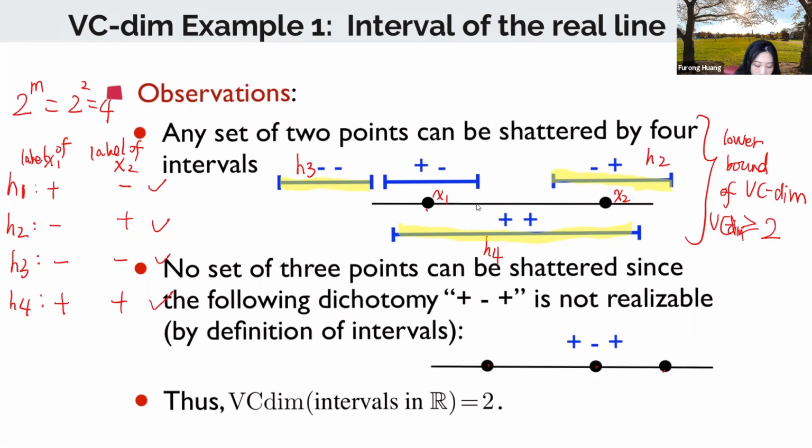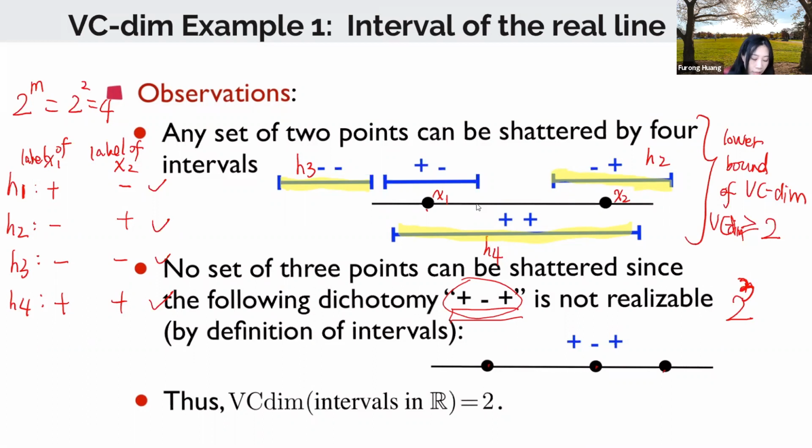One way of doing that, of course, is plus minus plus, just one out of the 2 to the power 3 ways of labeling these 3 points. And you know that no interval of the line could really realize such a dichotomy, plus minus plus. So this means you find an upper bound of the VC dimension.